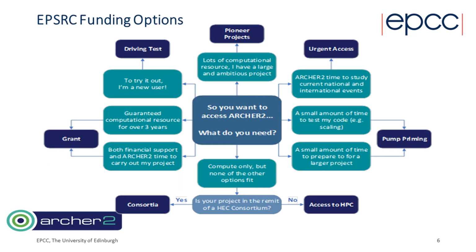So this is quite a useful slide that EPCC put together that shows an overview of a flowchart for EPCC researchers, and how you may determine which is the most appropriate route for you to apply for. So if you start in the middle here, you want to access ARCHER2, and there's the various questions which take you out to the various options there.